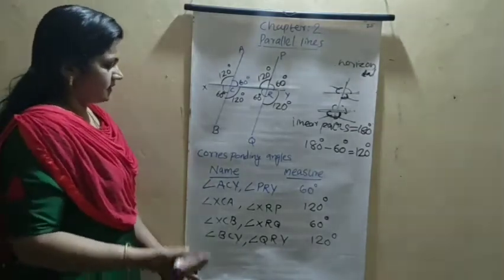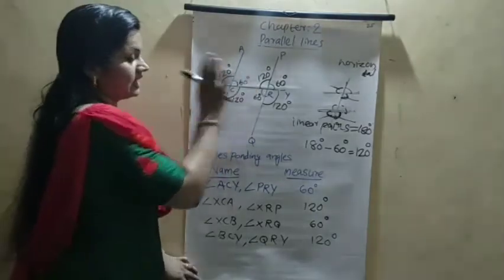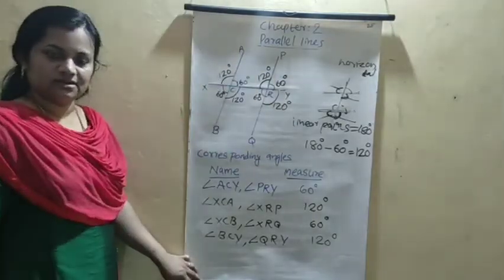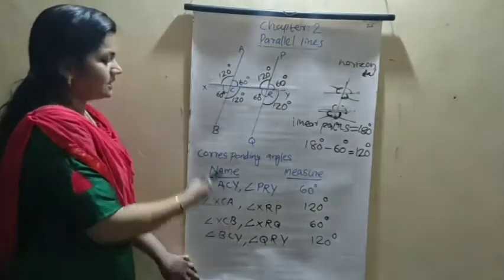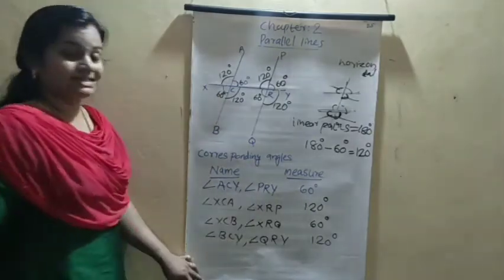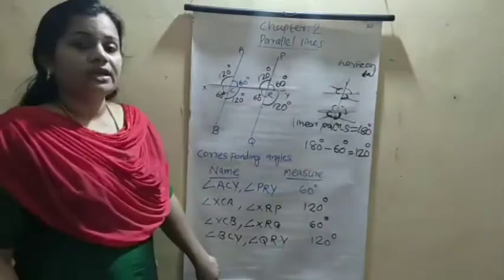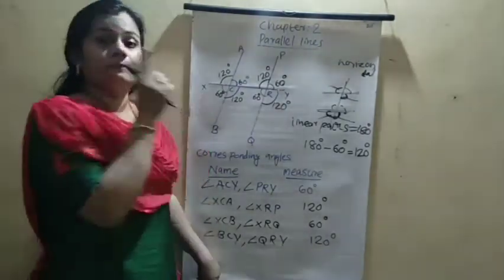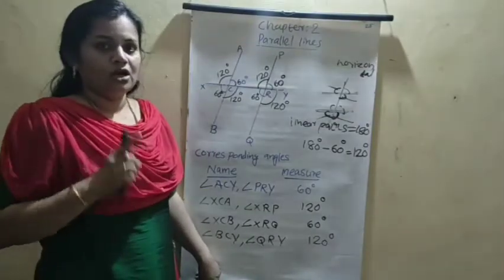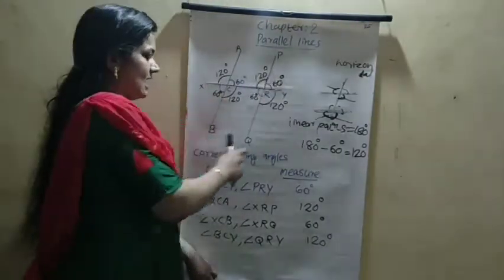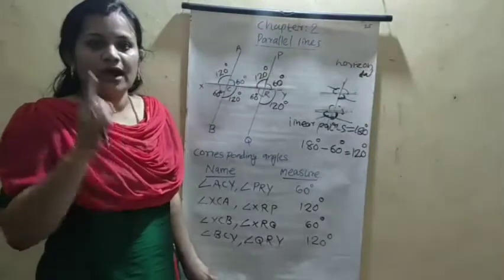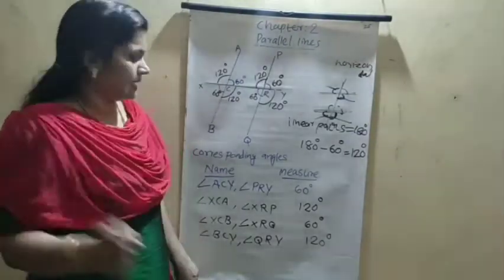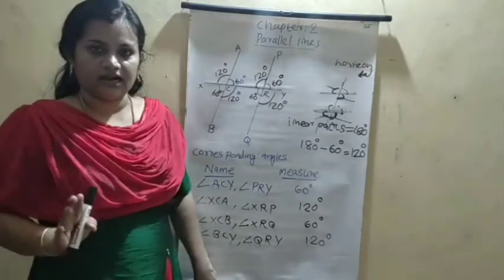Understood? First of all, only the 60 degrees was given. We found all the measurements of this figure, so we can write the four pairs of corresponding angles. Children, you do one thing: draw this figure on your rough paper, mark all the names, and find each angle. Then write the pairs of corresponding angles.